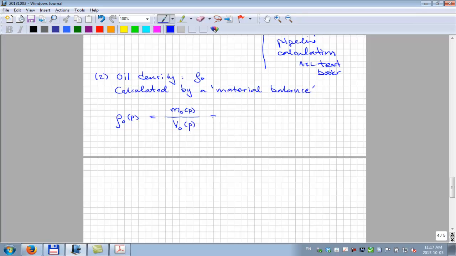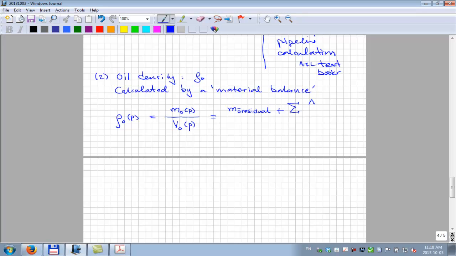And the mass is calculated as the starting mass at the end of the experiment. There's a residual mass. Of course, that's just the volume at the end of the experiment times the density, plus all of the gases from the end to whatever pressure, whatever gases were released. Okay?